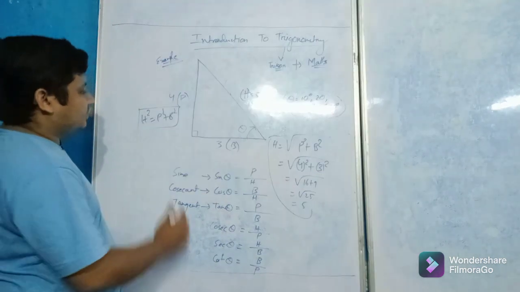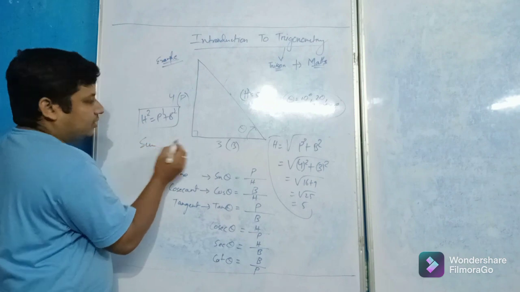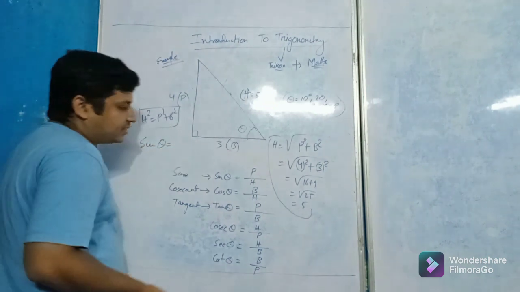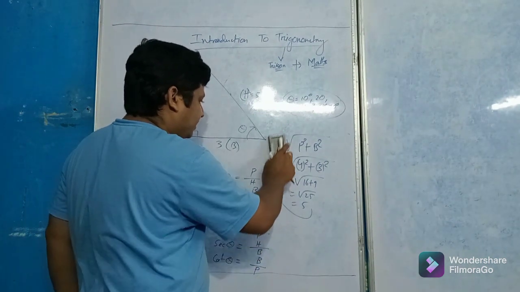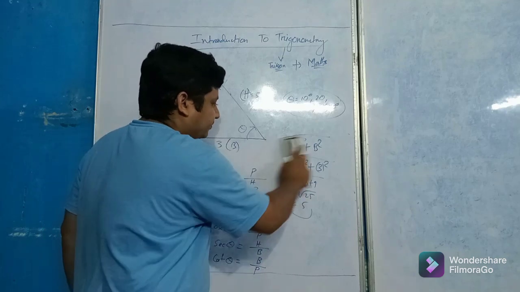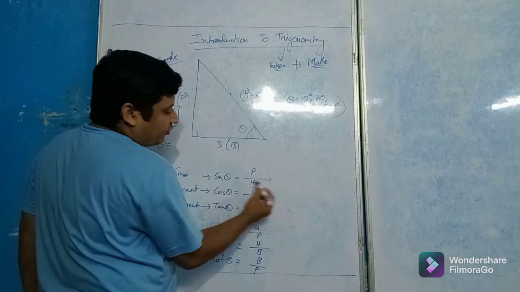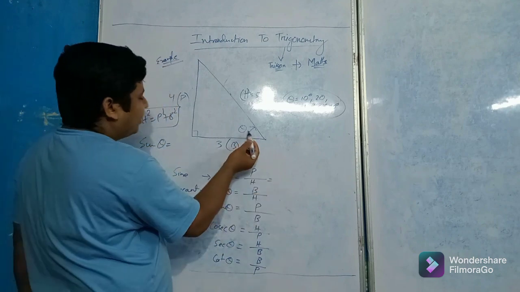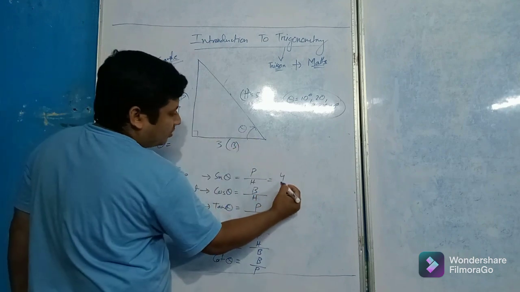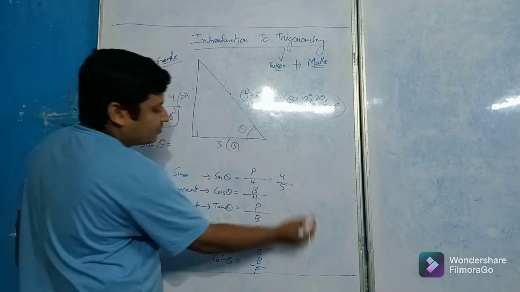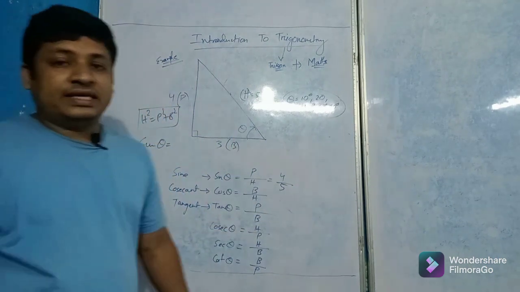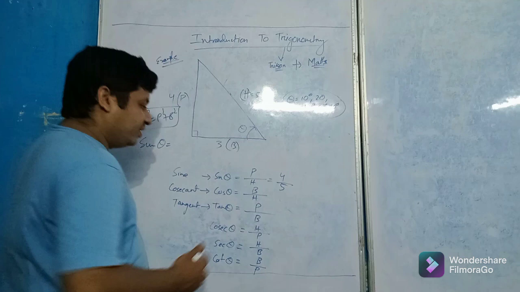Now suppose sin theta has to be found out. Now what is sin theta here? See, we will be writing here only. So sin theta we have got formula p by h. Now perpendicular is 4, h is 5. So we got the value sin theta as 4 by 5.